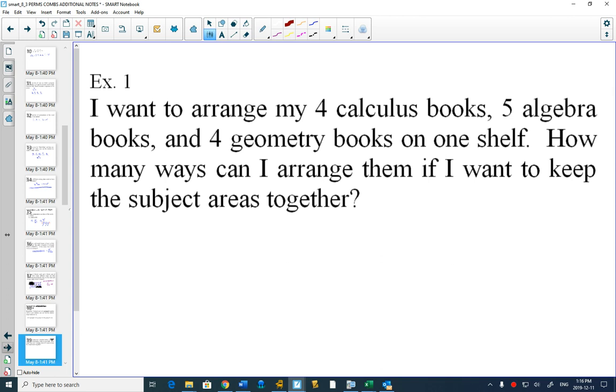And I probably should even have worded it better in this question by saying 4 different calculus books. But chances are I wouldn't have 4 of the same book. Makes sense? So I want to arrange them on my shelf in a row, but I want to keep the calculus books together, I want to keep the algebra books together, and I want to keep the geometry books together.